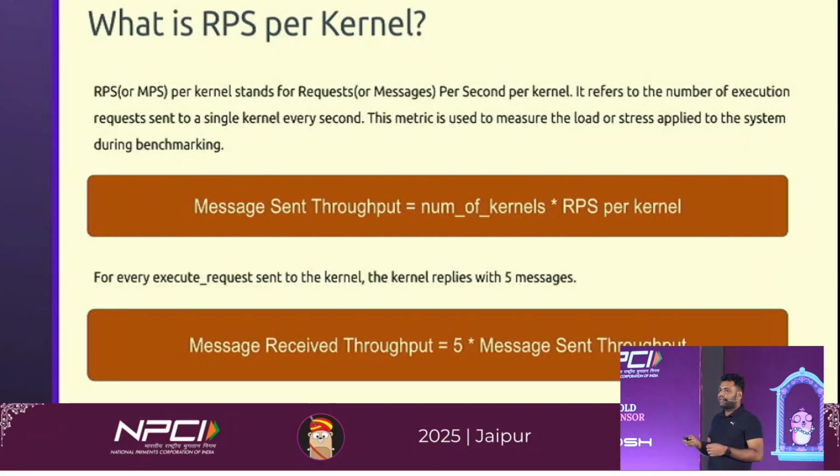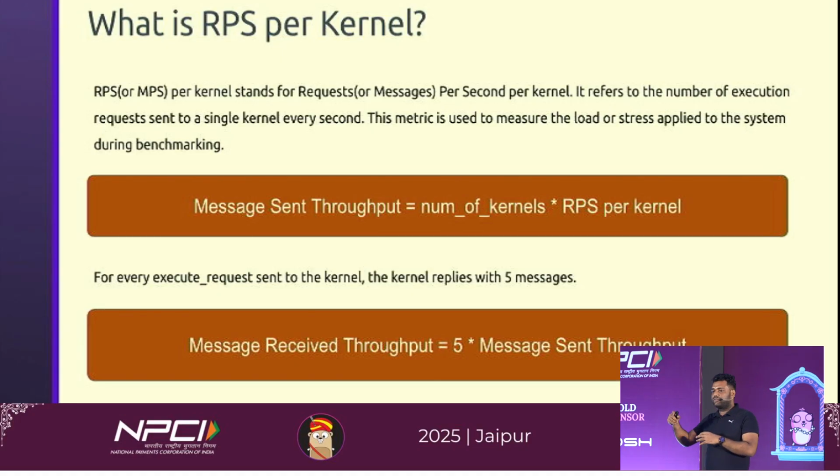So if you are building a large system, you must be able to measure RPS, requests per second, or messages per second. What we are trying to do is calculate the message sent throughput.